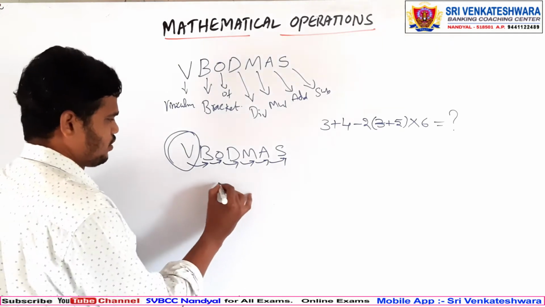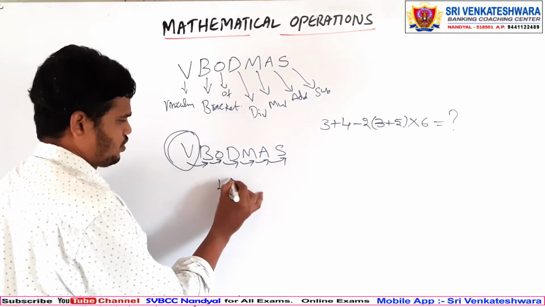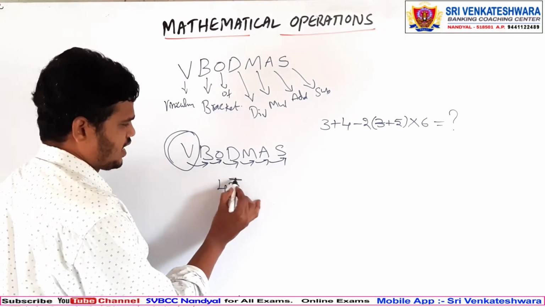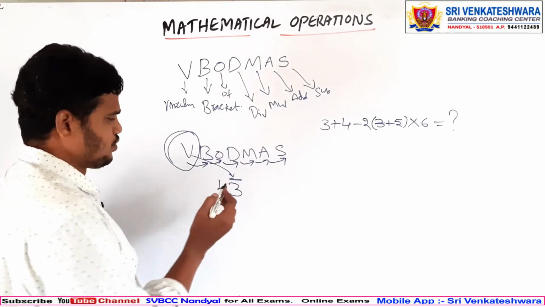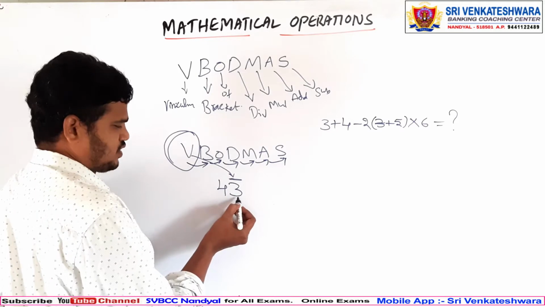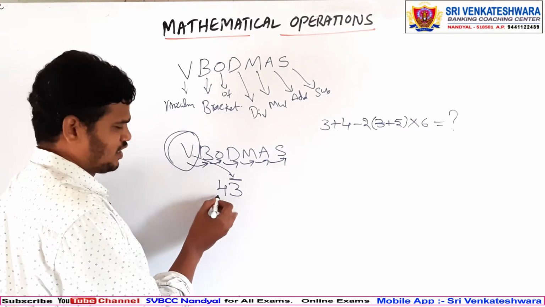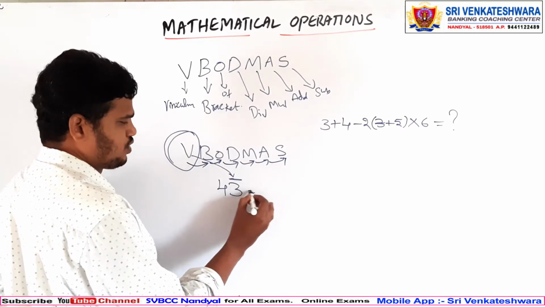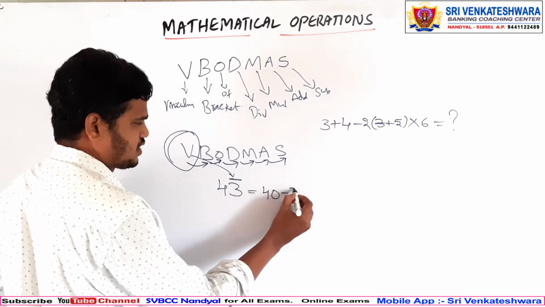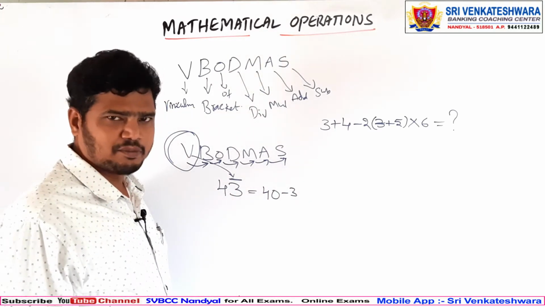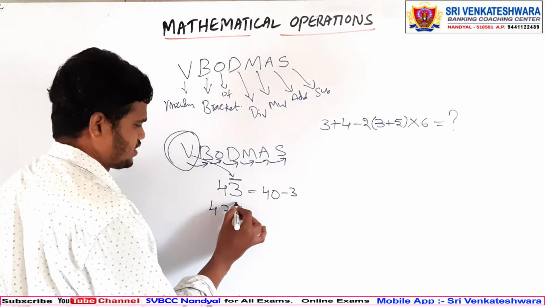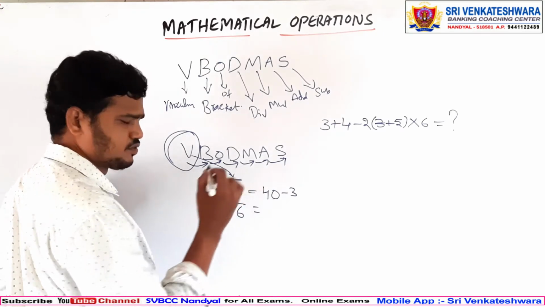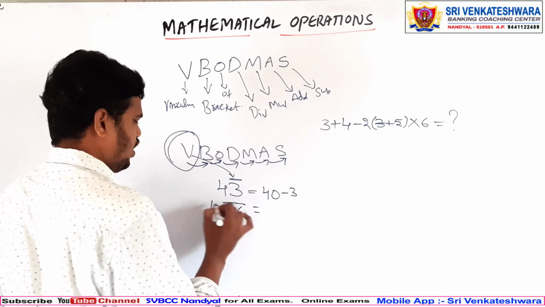For example, 43 with a bar. This bar is called a vinculum. So 43, the first place, and the second is the tens position. How do you do this? It means 40 minus 3. For example, 436 with a bar: how do you do this?